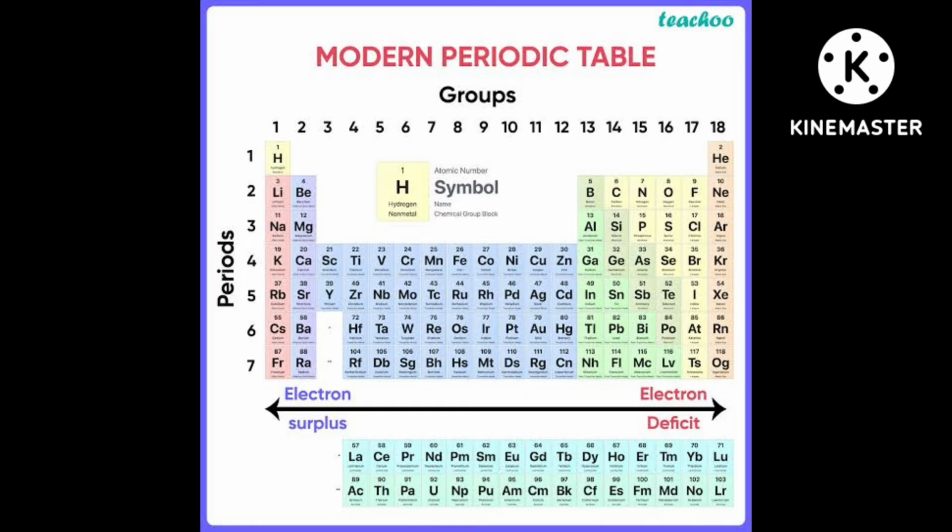Within the energy level, orbitals will be there, and orbitals will tell about the quantum numbers. It will tell L, the azimuthal quantum number, what type of orbitals are there. That is the L value.